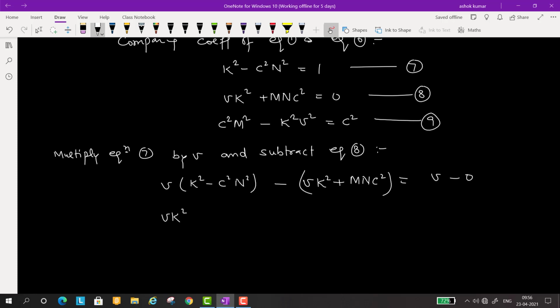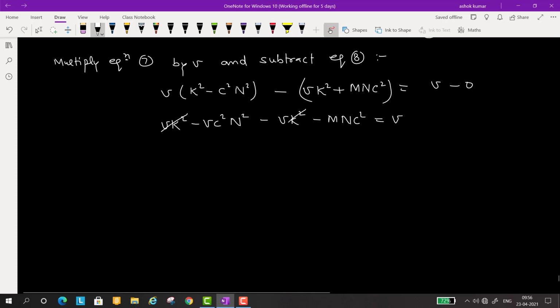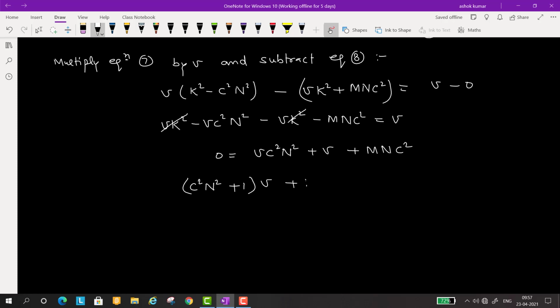So it will be vk square minus vc square n square, minus vk square minus m n c square is equal to v, and these two terms they will cancel out. So what we are left with, these are two negative terms, we take them to the other side, here 0, so it will be v c square n square plus v plus m n c square. So c square n square plus 1 into v plus m n c square, it will be 0. So we write this as equation number 10.